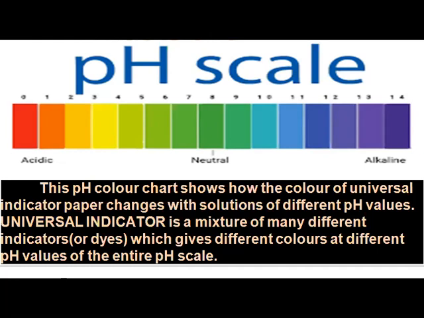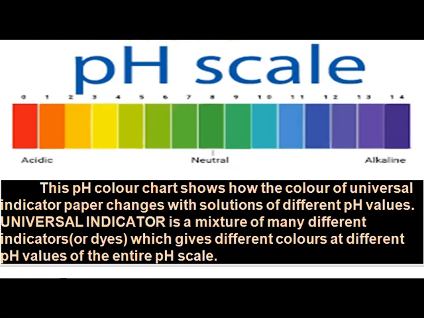Universal indicator is a mixture of many different indicators or dyes which give different colors at different pH values of the entire pH scale. As the scale ranges from 0 to 14, similarly, different colors are for the different pH values.